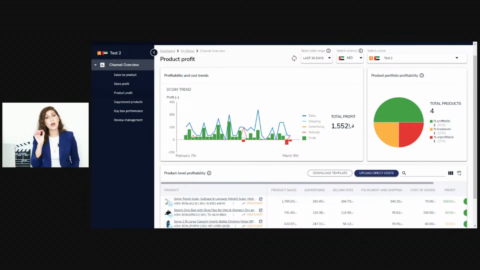Again, how much you actually spent, because as Amazon sellers, you can tell Amazon via your campaign that your daily budget is 30 dirhams. But that doesn't mean you're going to be spending 30 dirhams. So that's very important to note. You might be spending less.